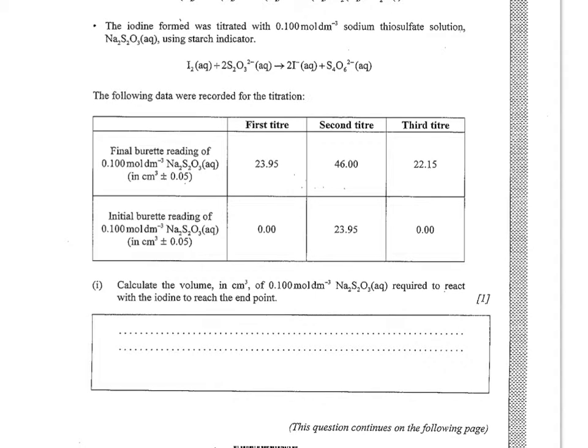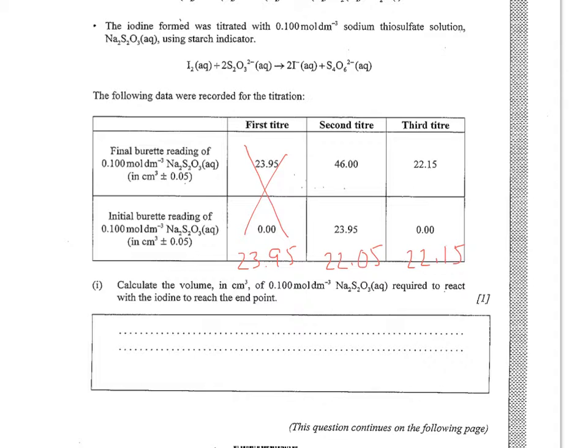And if you do the math here to find out the volume for each titration, you'll see that this first one is 23.95 milliliters. But when I subtract the other 2, this one is 22.05, and the last one is 22.15. And so what you're supposed to realize is this was a rough titration, so this is not going to be part of your average.